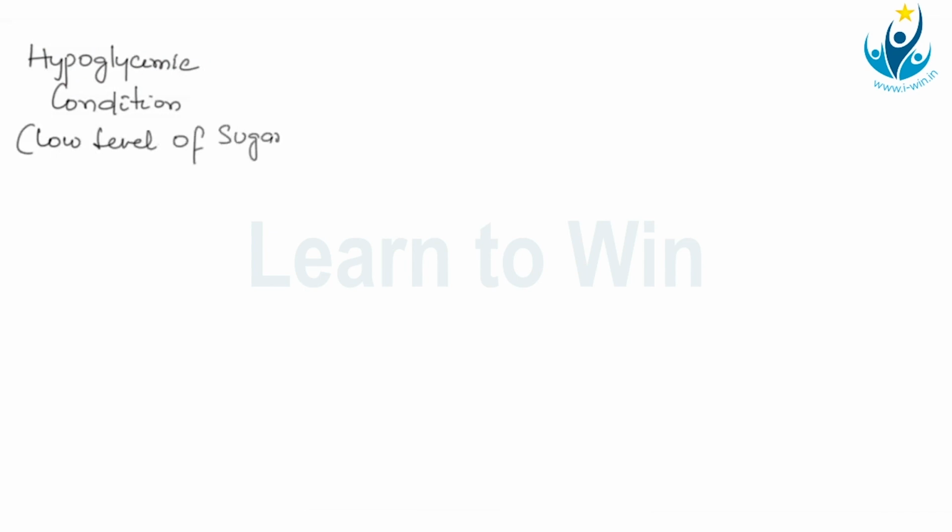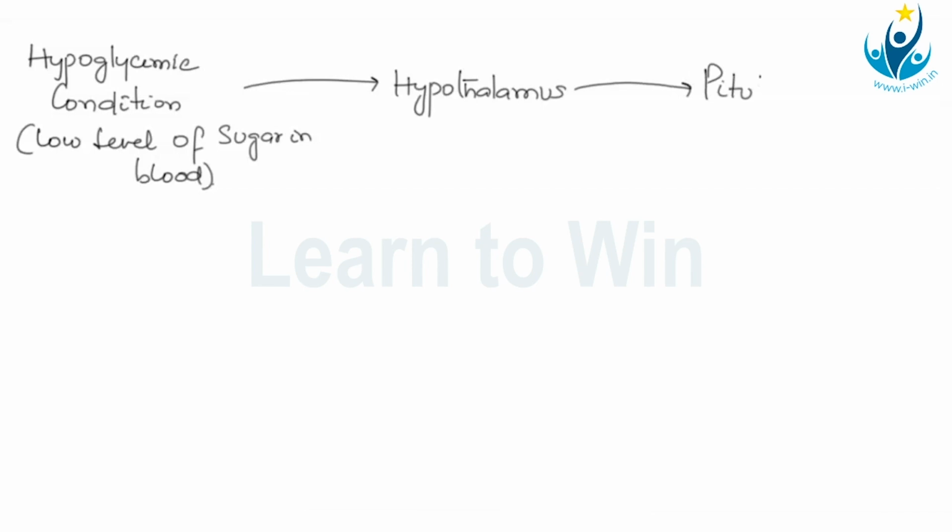Low levels of sugar in the blood result in this hypoglycemic condition. So when this condition is established, there is a signal that goes to the hypothalamus, right? From there it goes to the pituitary gland.